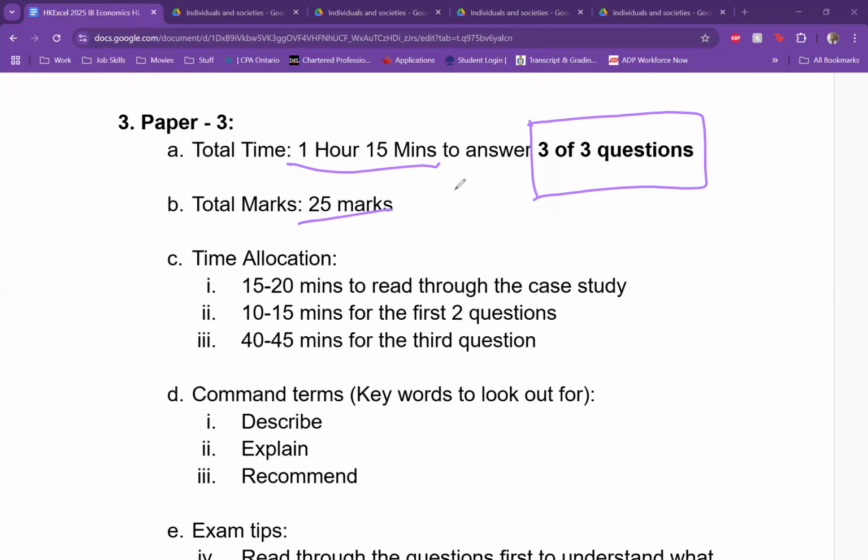It's worth a total of 25 marks. And in terms of time allocation, you want to spend 15 to 20 minutes to read through the case study, 10 to 15 minutes to finish the first 2 questions, which is a 2-mark question and a 6-mark question, and then 40 to 45 minutes for the third question, which is a 17-mark question.